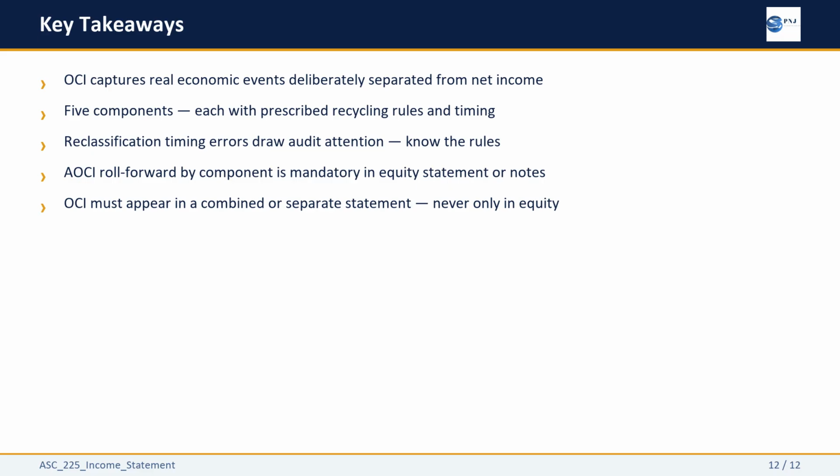AOCI requires a component-level roll forward, and tax effects must be disclosed by component regardless of your presentation choice. And remember the hard prohibition. You cannot present OCI only in the statement of changes in equity. It must appear in either a combined statement or a separate statement of OCI.